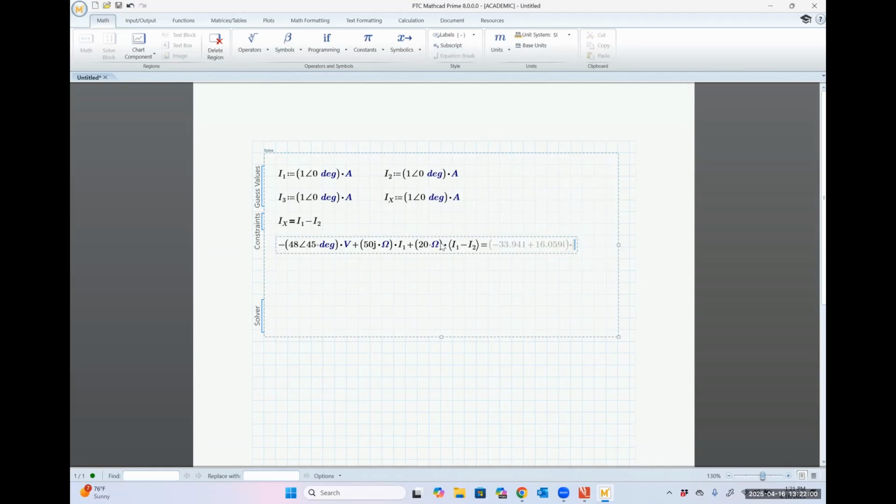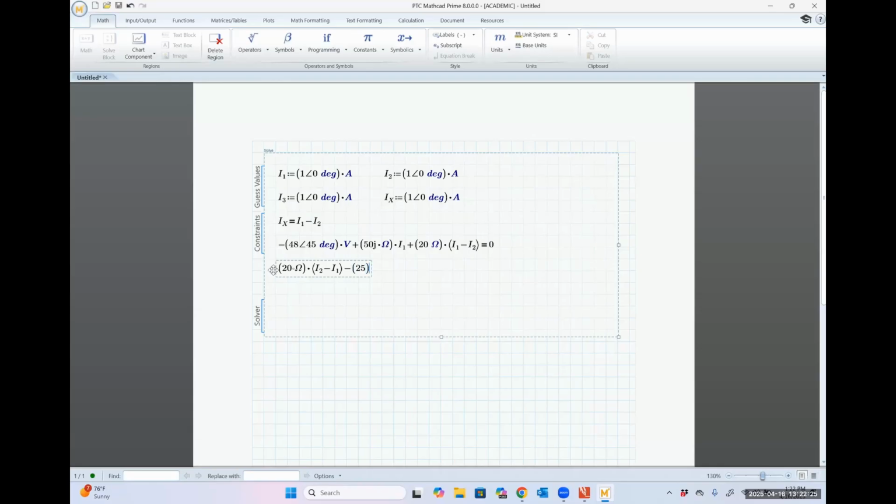And oops, I should have done control equals 0. Now I have my mesh 2 equation to write. So that's going to be 20 ohms times I2 minus I1. And then I'm going to have minus 25.